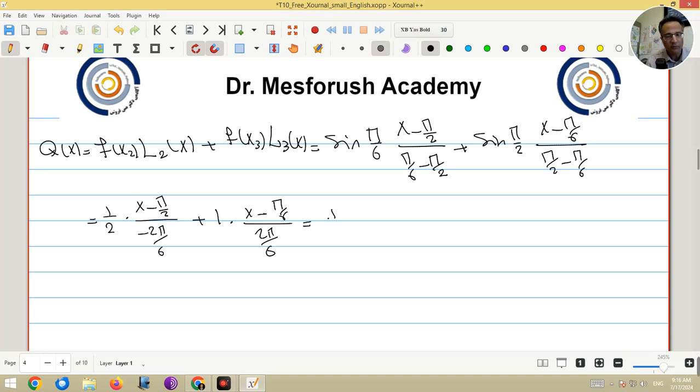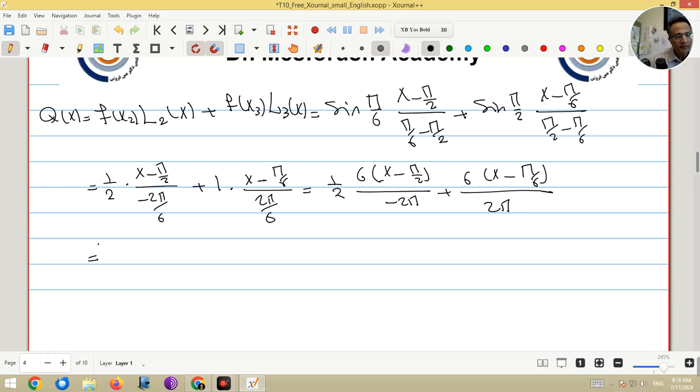This is equal to 1/2 times 6 times (x minus π over 2) over minus 2π, plus 6 times (x minus π over 6) over 2π.